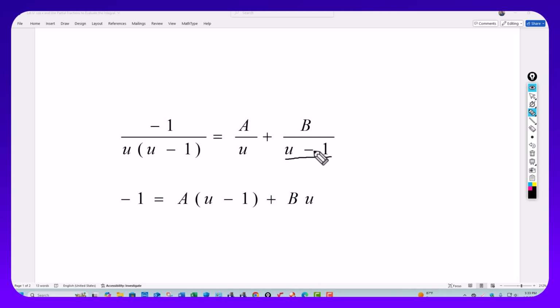We said replace the u by 1, because that's what makes it 0. But notice when we plug in 1 for u, that goes to 0. And then here you have 1b equal to minus 1, which tells me b is equal to -1. And that's how we got the values of a and b using the cover-up method.